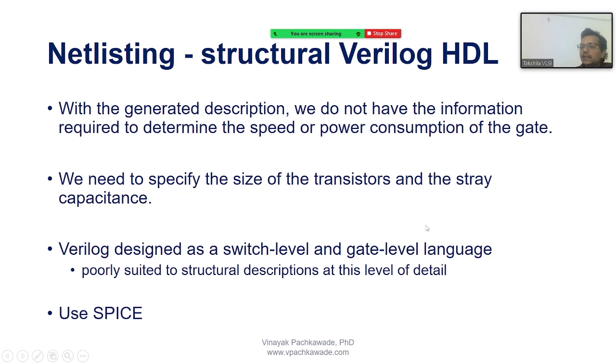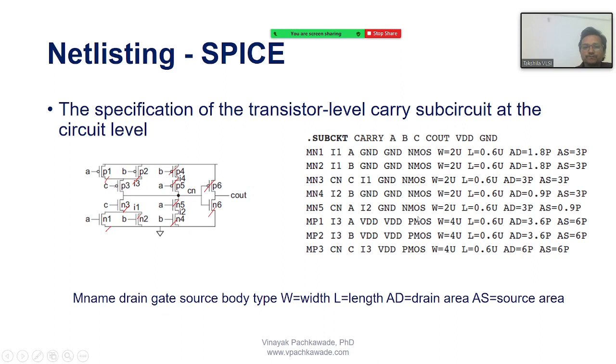Okay, so let's see how SPICE can help us avoid the problem with the Verilog HDL and help us estimate delay and the power. What we see here is the same circuit diagram, but now I am using not the Verilog HDL, rather I would use SPICE.